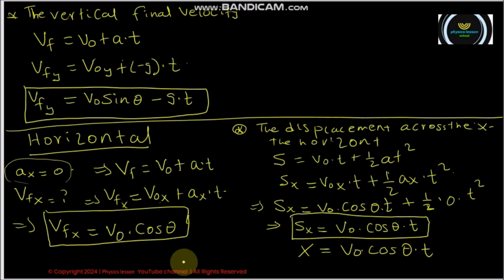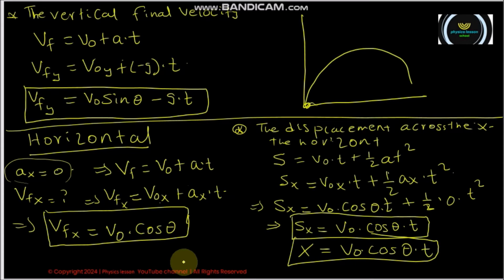You can also write in this way because for the projection starting from this point to this point we have the horizontal distance r, which is equal to, you can say x, because it's on the horizontal. From point O to point B, the horizontal range.